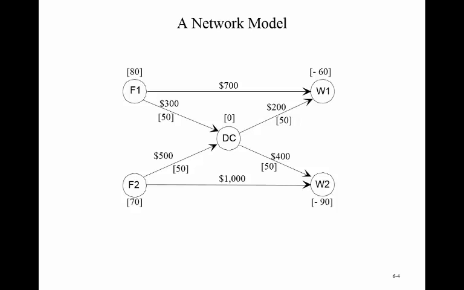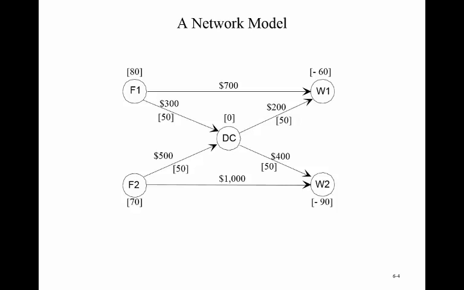Now you'll notice the square parentheses around the distribution center have a value of 0. This is typical of what we call a transshipment node, and that is, product is neither created at the distribution center nor consumed at the distribution center. It's really just a pass-through location. Think about it, that's a typical function of a distribution center, to bring shipments in, maybe consolidate them, mix them up, change them, or whatever, and then send them out the other end.